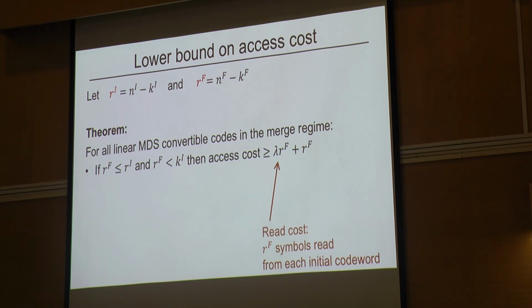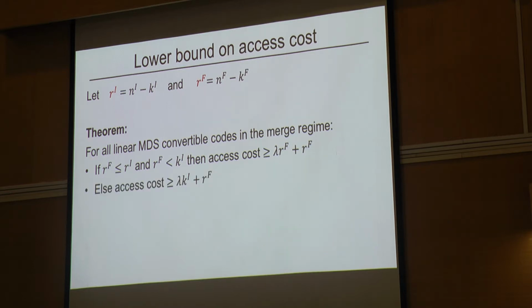So recall that we are merging lambda initial code words. So this lambda RF is basically reading RF symbols from each of those initial code words. And RF turns out to be the write cost, which is basically RF new symbols that are written in the final code word.